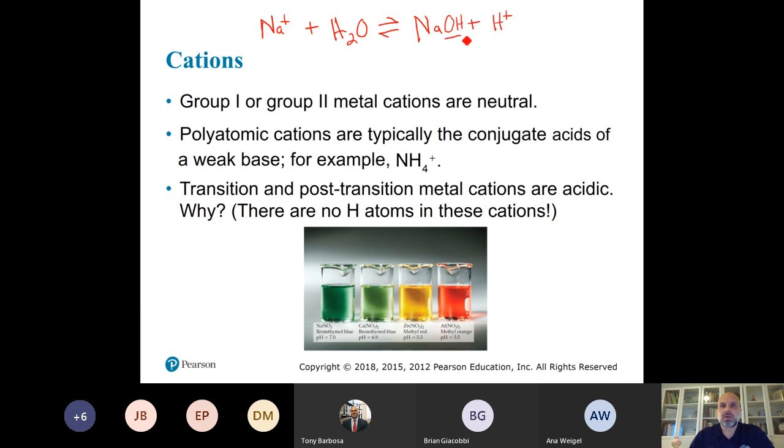You'd have a strong base and a strong acid being generated from a neutral cation. So this reaction is obviously not going to occur either.